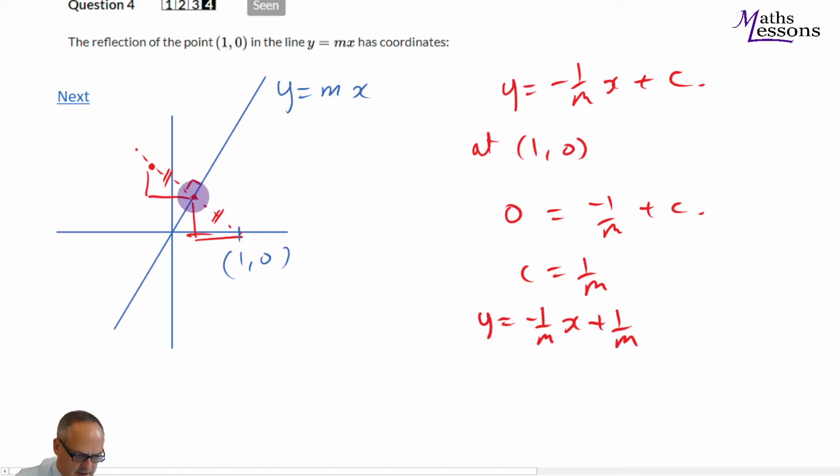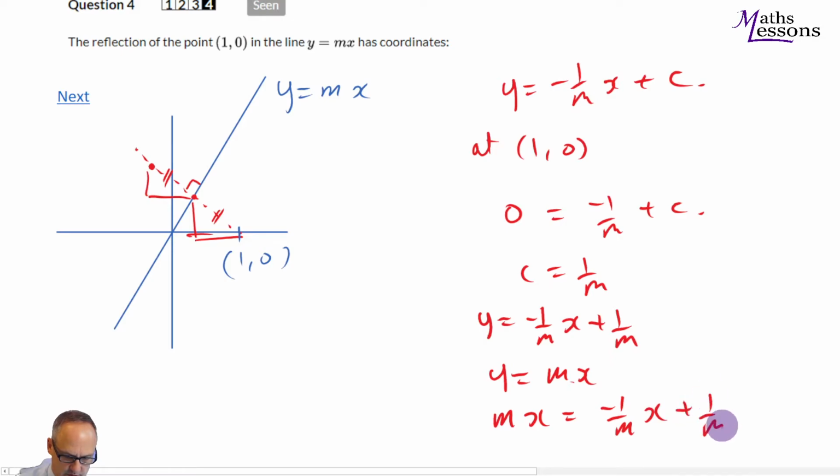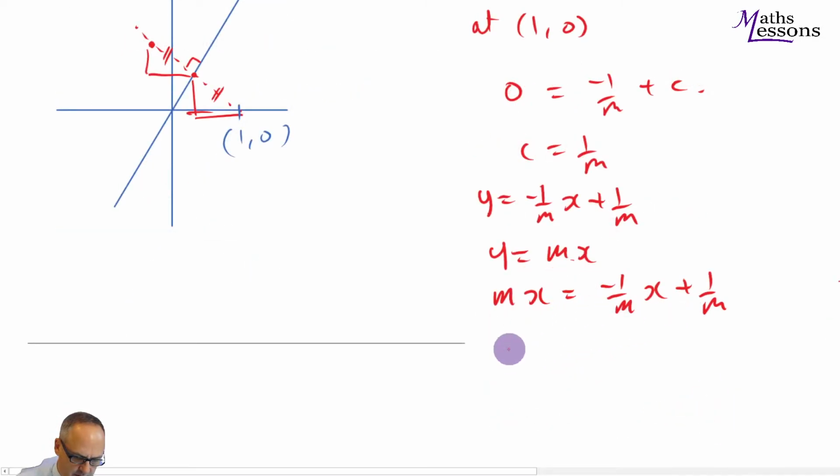And I know it's going to intersect this line where the y values are equal. So I want to solve these simultaneous equations to find the x value where this crosses, and then I can find out where the y value is. So if the y values are the same, then this must equal this. So we must have mx equals minus 1 over m x plus 1 over m. And times throughout by m, m squared x equals minus x plus 1, because that makes my life a lot easier.